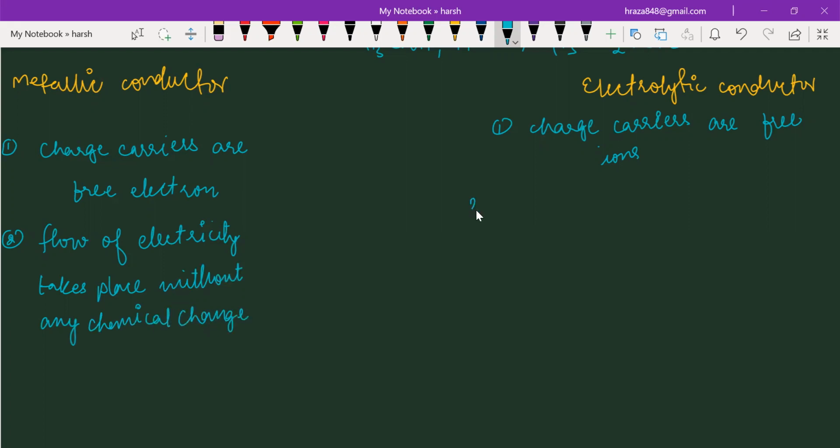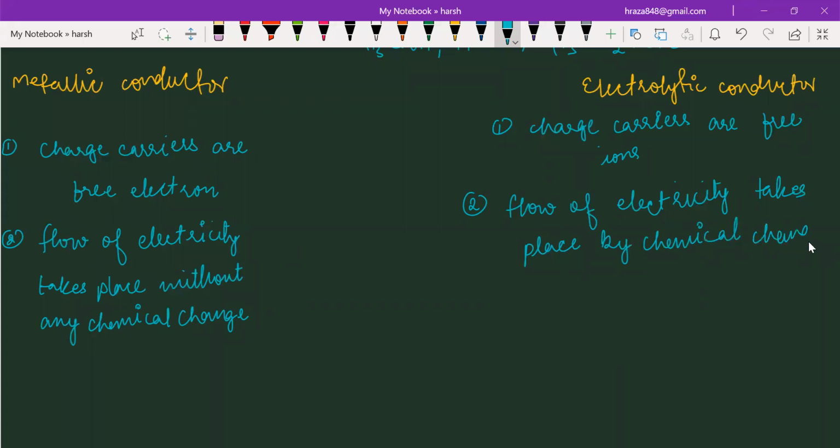And when you talk about this, flow of electricity takes place by chemical changes at electrodes. We will see how the chemical changes take place at electrodes.